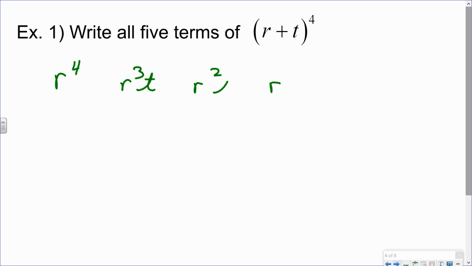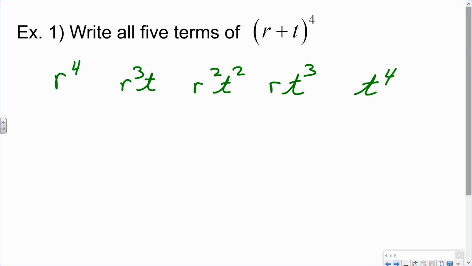So t to the 1st, t squared, t cubed, t to the 4th. Do all of those have degree 4? Do all of those terms add up to 4? Yes? Okay, I want you to look at your 1, 4 row of Pascal's triangle.